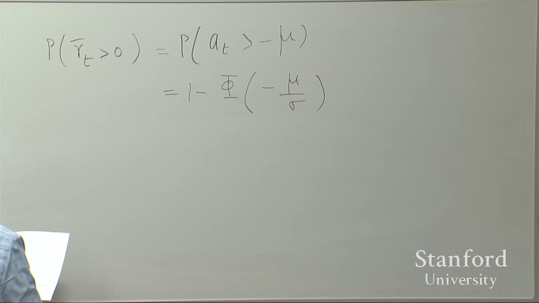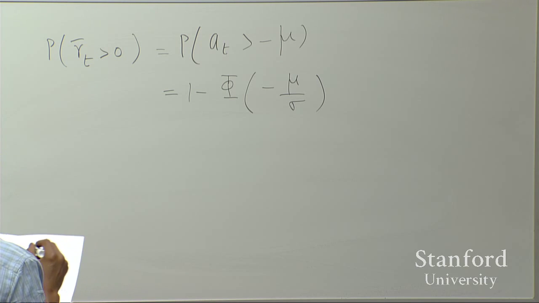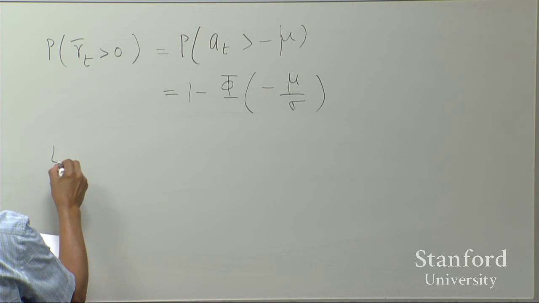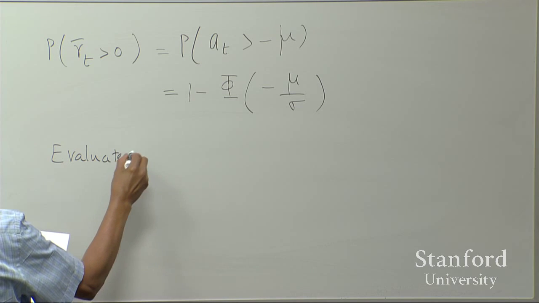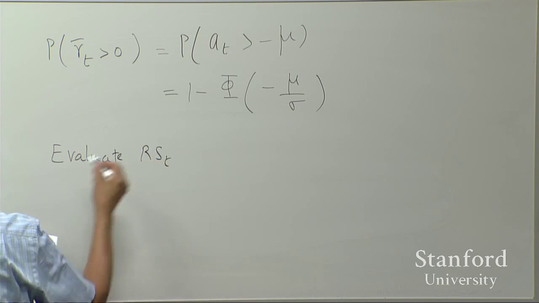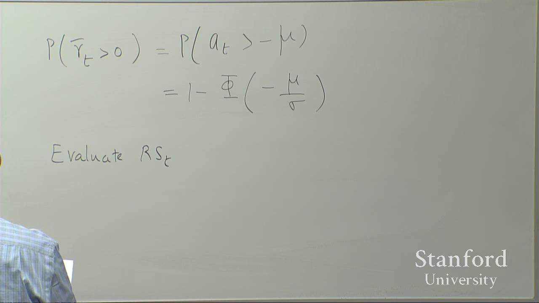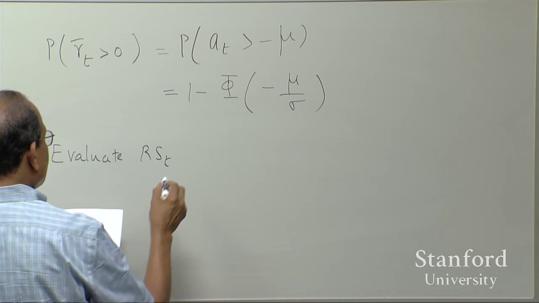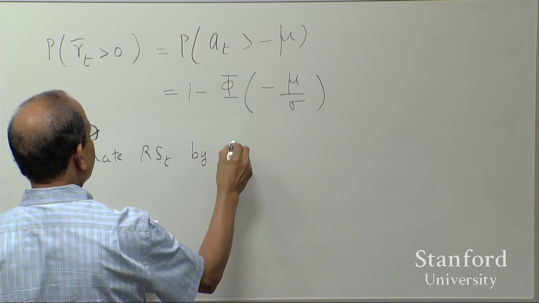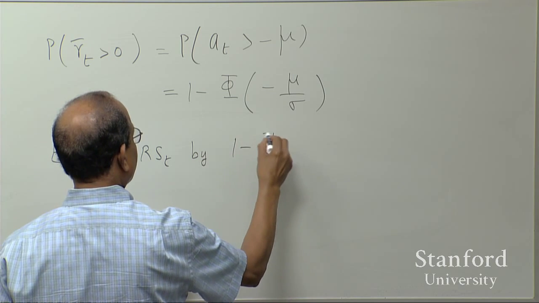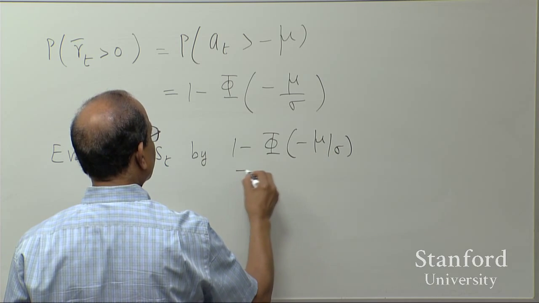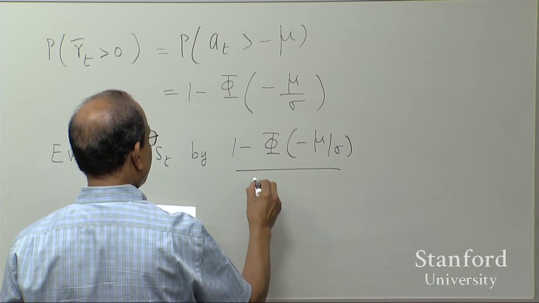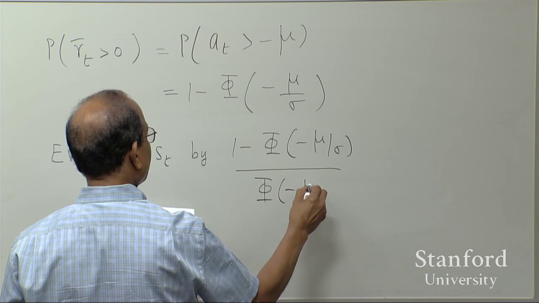So the RSI quantity that we are talking about, you can evaluate. RSI is nothing but just a function of RS. So by this quantity here, (1 minus Phi of minus mu over sigma) over Phi of minus mu over sigma.